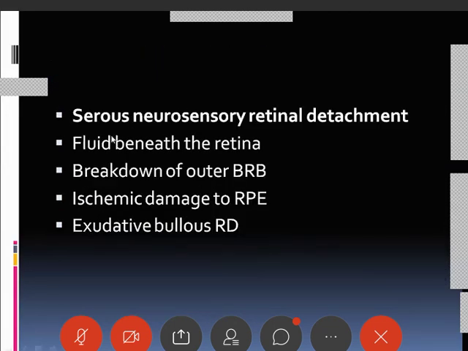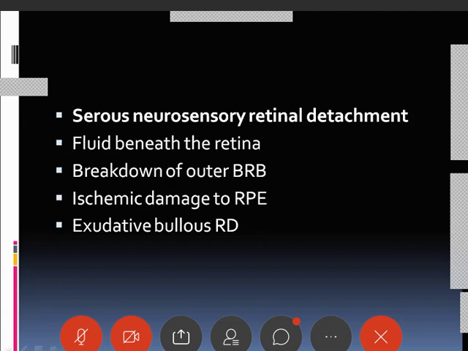And then the fourth lesion is the serous neurosensory retinal detachment. Retinal detachment means the neurosensory retina is separated from the retinal pigment epithelium. That means the rest of the 9 layers are detached from the retinal pigment epithelium because of fluid collection underneath the retina.